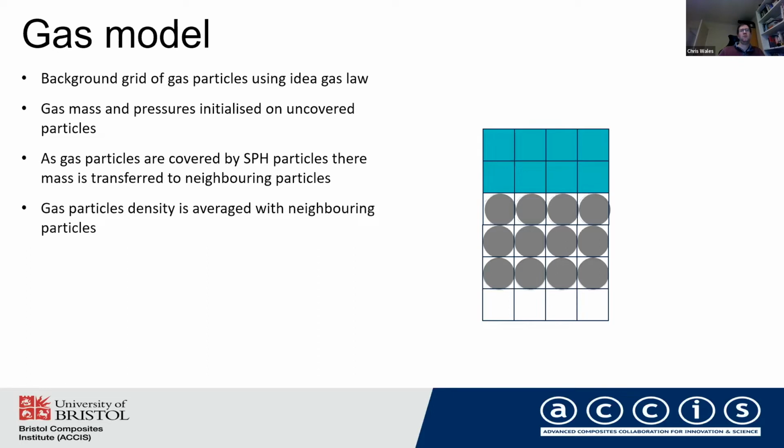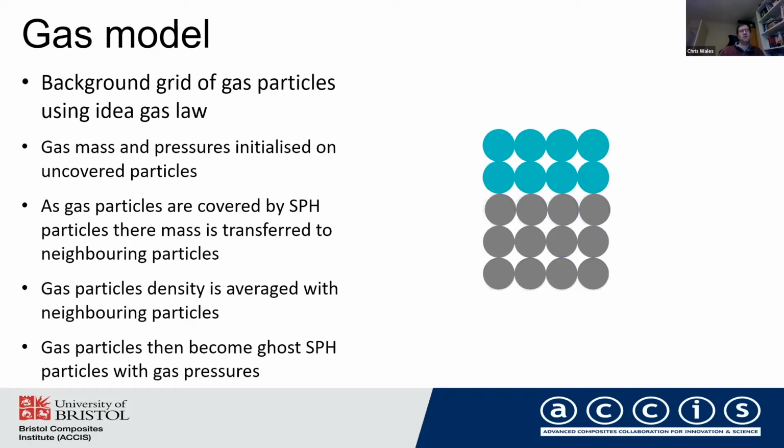So we average the mass over the complete gas volume area. So we have a constant average density and then a constant pressure within each gas region. And then finally, we turn the cells closest to the interface of the SPH into gas particles, which we then use to prescribe the pressure back onto the SPH solver.